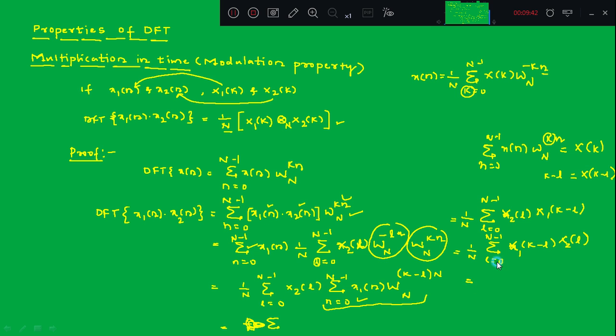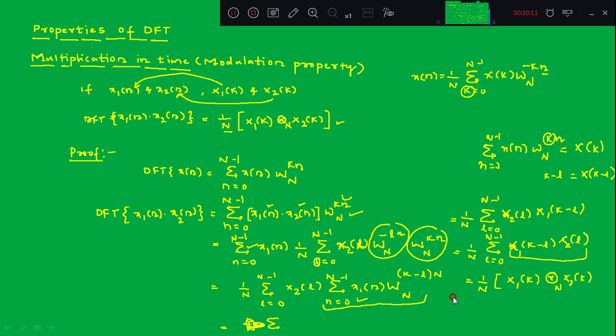This is nothing but the circular convolution of the two sequences, but in frequency domain. Instead of lower case x, we have capital X1 and X2, meaning they are the DFT sequences. Therefore it is 1 divided by N, and here it is circular convolution between X1 of k and X2 of k, right?